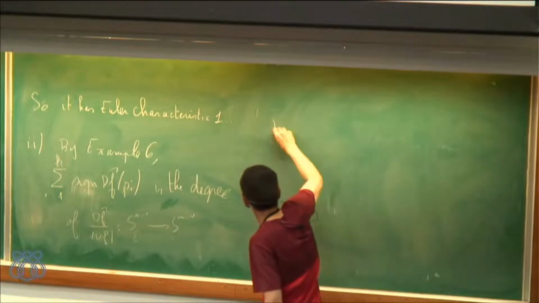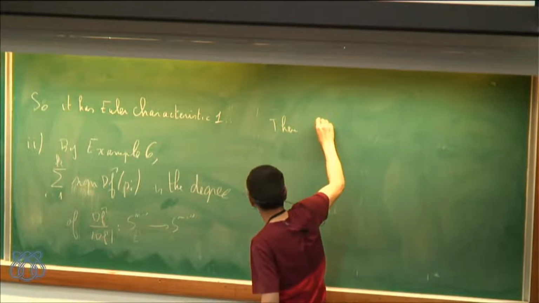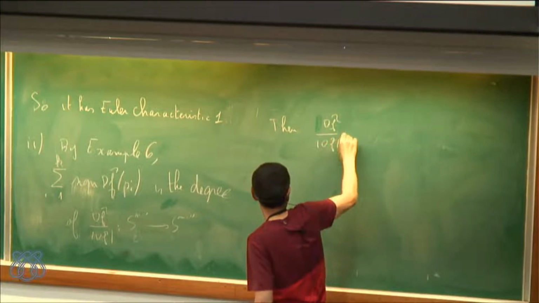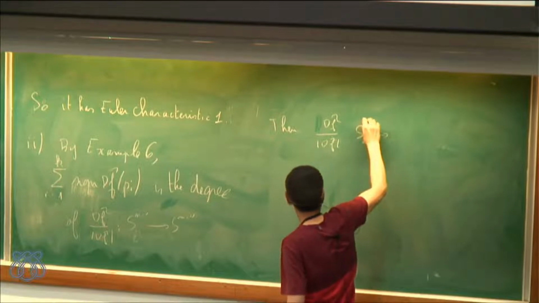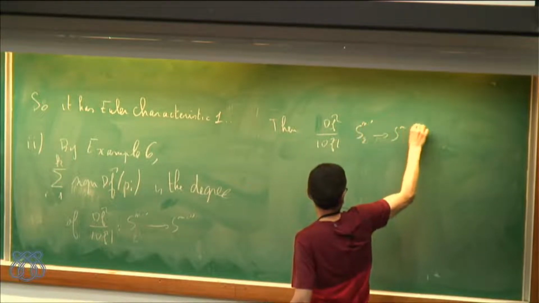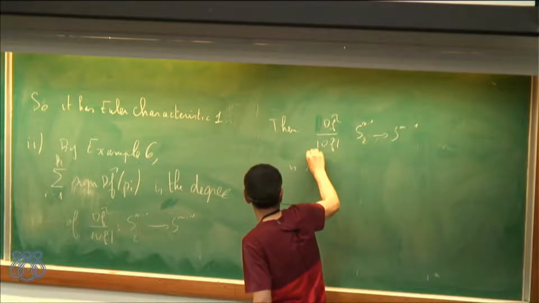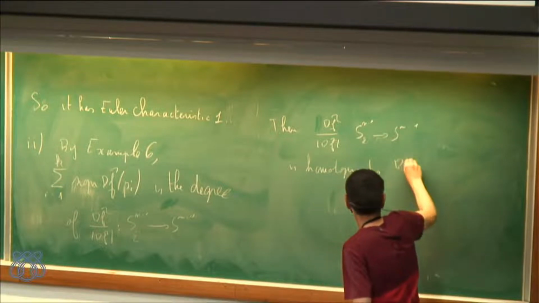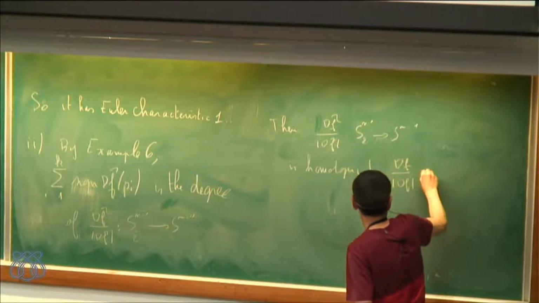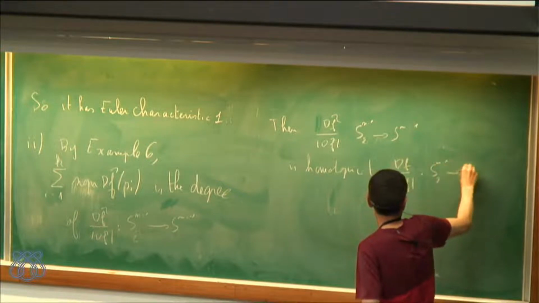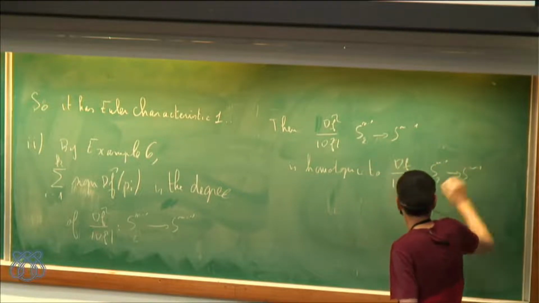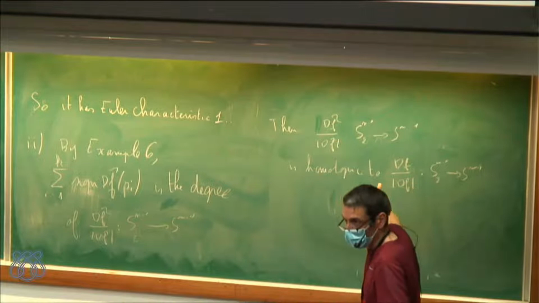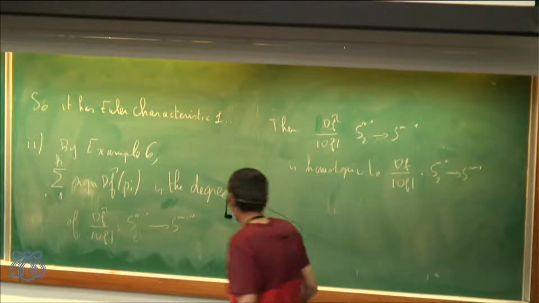But then this mapping is homotopic to the normalized gradient of f around the small sphere. Okay. So this degree is equal to this degree, and this is a local degree of the gradient of f.